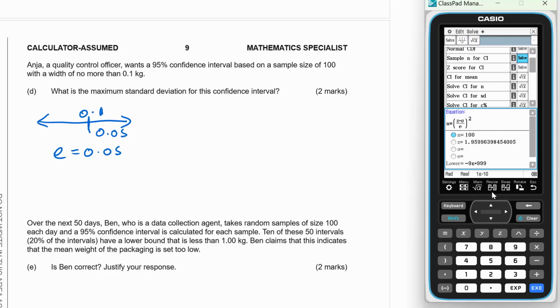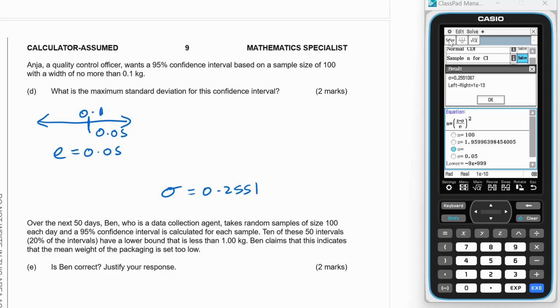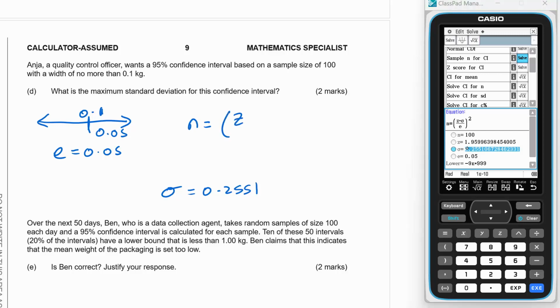The E value is 0.05. And we're going for the standard deviation. And that gives us 0.2551. If you want to show some working, we have the formula just here that n is equal to z sigma over e squared, and just substitute your values in just there.